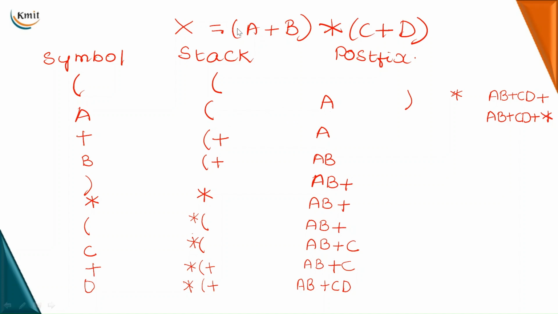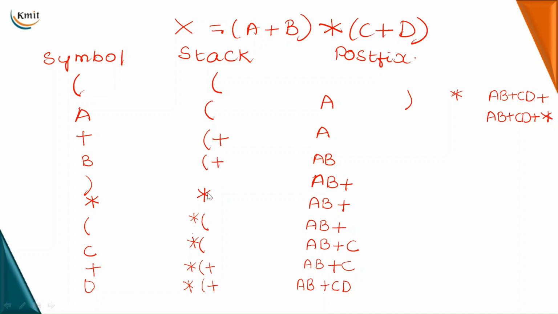Next, the operator plus. You have to push it into the stack. So first the open parenthesis, now plus will be pushed into the stack. A here. Next, B. B is an operand, so you have to write it here, and the stack column contains the same values.